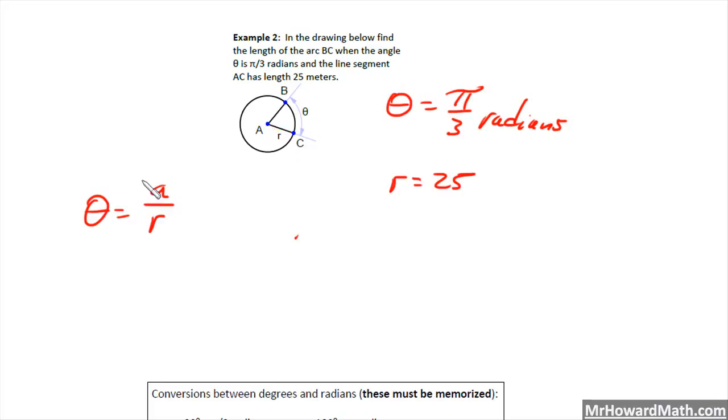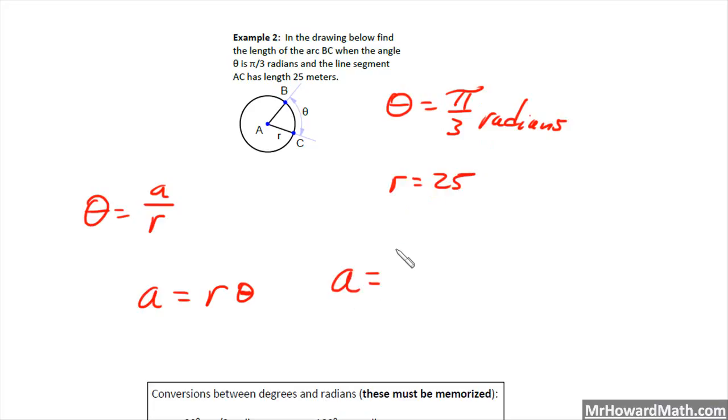We're finding the arc length, so we're finding this value. We'll just solve for that, get a by itself here. So arc length would be r times theta. We just multiply by r on both sides of this equation and cancel those. That's where that's coming from. If we know the radius and we know theta, then we can figure out the arc length.